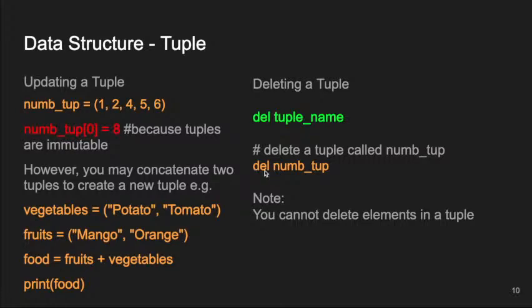This will delete the tuple, so that your memory is freed, and other things can be stored in that space. You will notice that you cannot delete any element in the tuple, for the same reason why you cannot update any element in the tuple: your tuples are immutable. So once you've defined them, you cannot change their values.